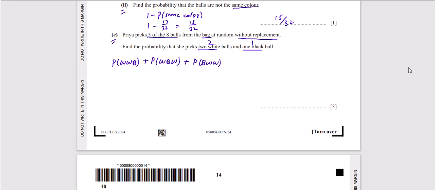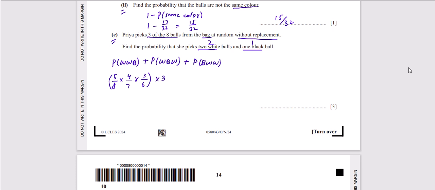The probability of white, first white, is 5 over 8. Second one is already removed, so the remaining is 4 over 7. Okay, and multiply black. How many black ball? Black ball is 3. So 2 is already removed. Divide with 6.